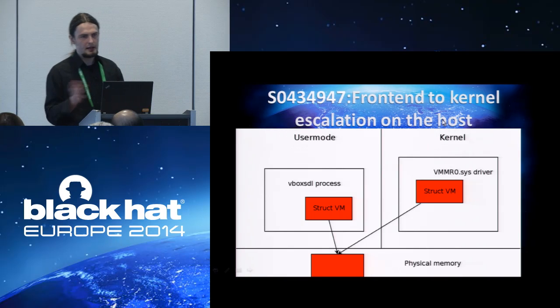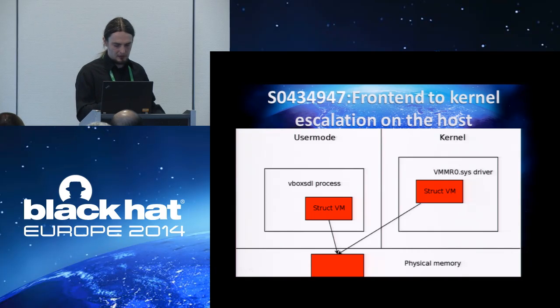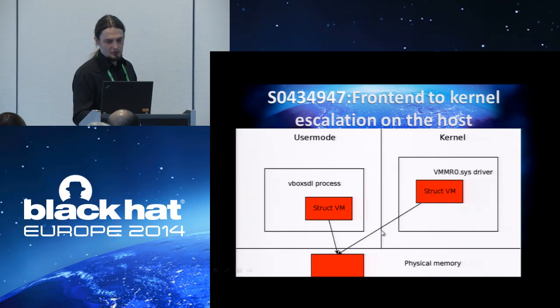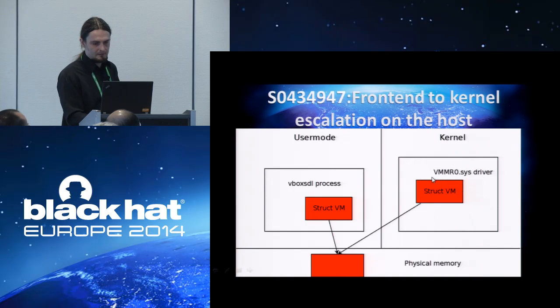And they need to communicate between themselves. And the way how VBox engineers arranged it in this case was very efficient, shared memory. So you have some location in user mode address space that is mapped to the same memory as some location in the kernel in the VMM R0, that's its driver.